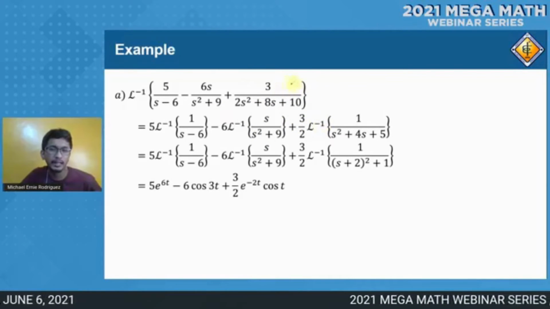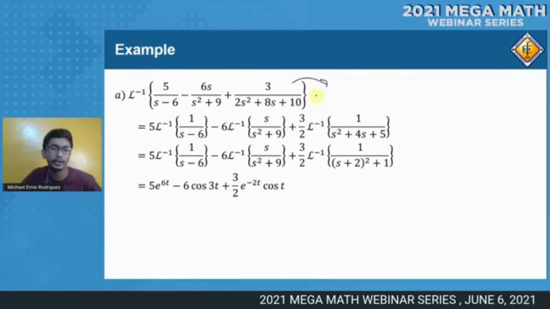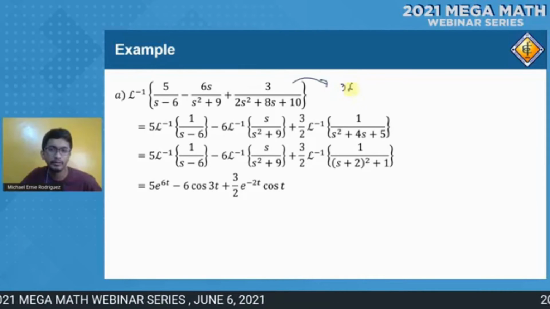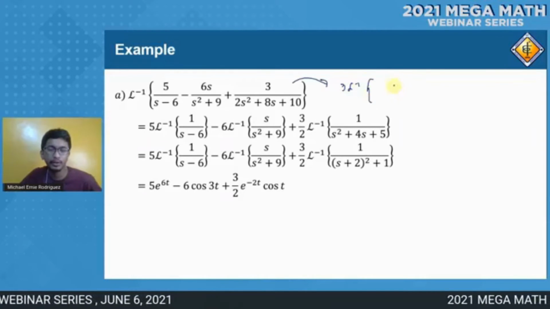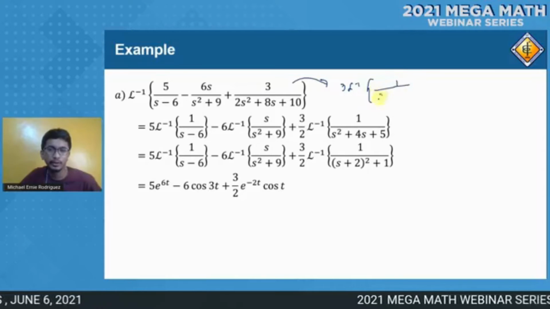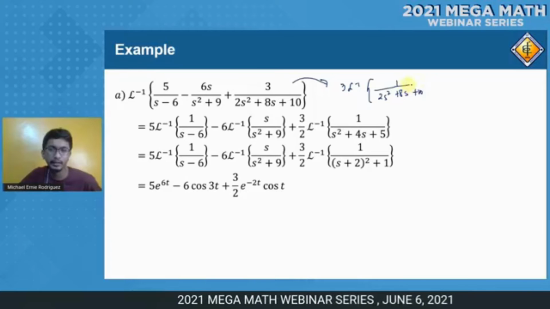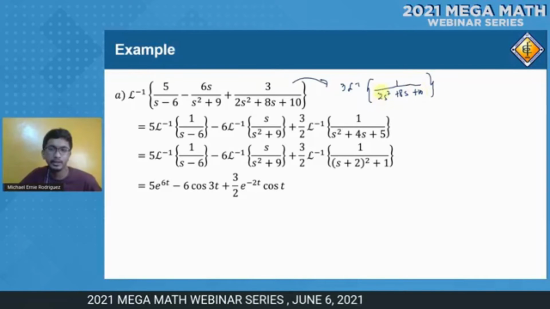Kasi ito, pag nilabas natin to, okay, doon tayo sa third function. So sa third function, nilabas natin yung 3. So that is the inverse Laplace transform of 1 over 2s squared plus 8s plus 10. And then ang ginawa natin, since common yung 2, we can factor that out.